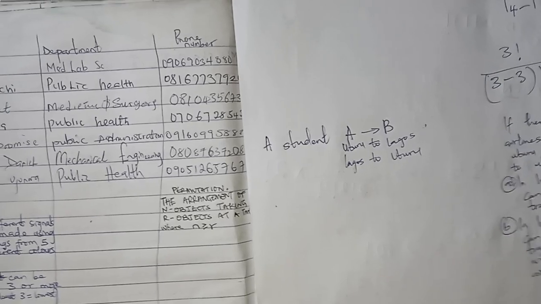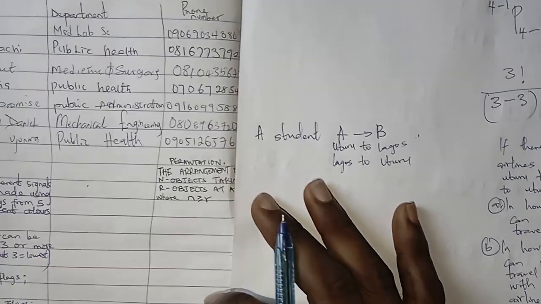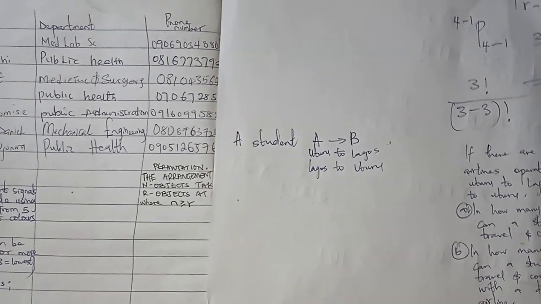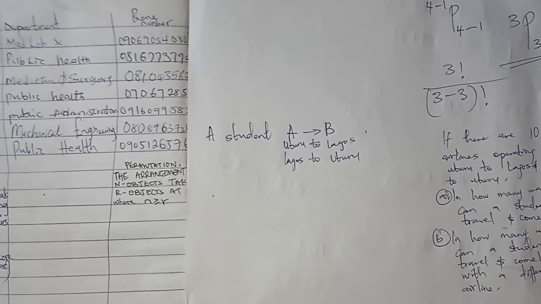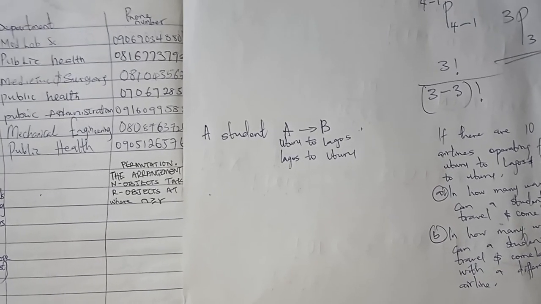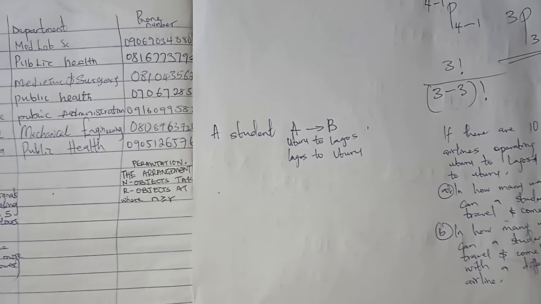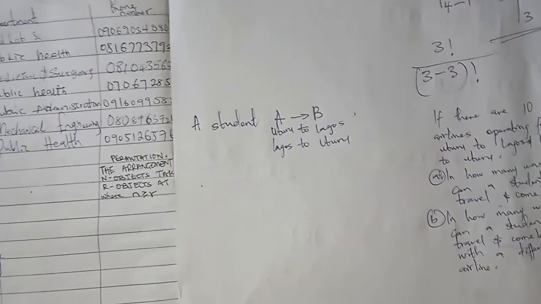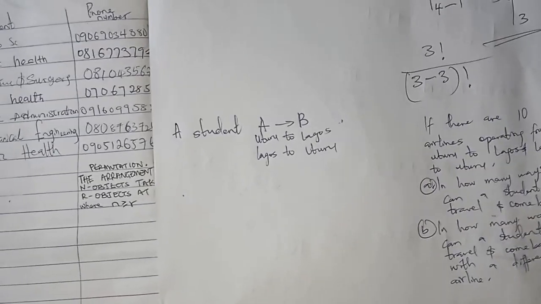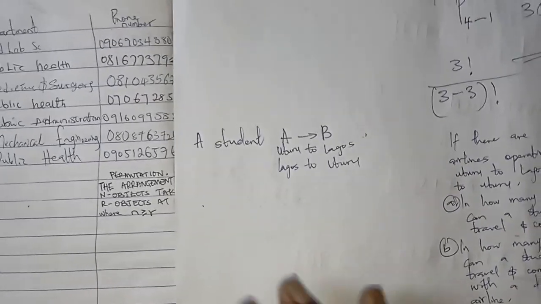and we are talking about this, it has to do with order. Notice that there's an order to this arrangement. The student is moving from Uturu to Lagos and coming from Lagos to Uturu. Then they are asking us, in how many ways can he come back?